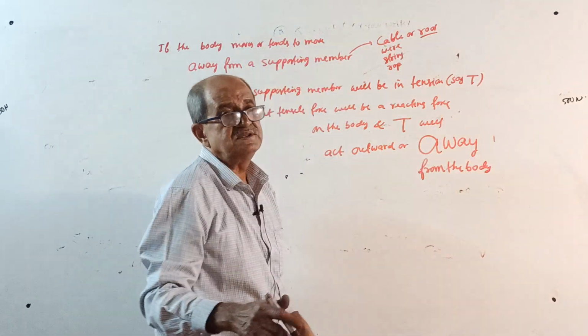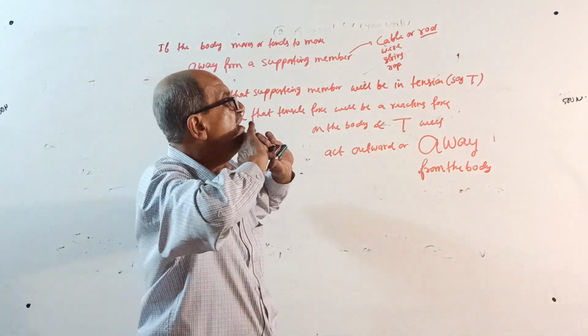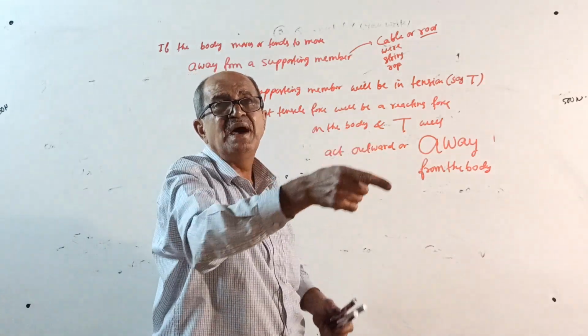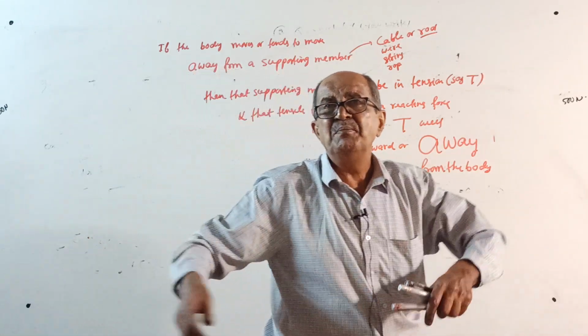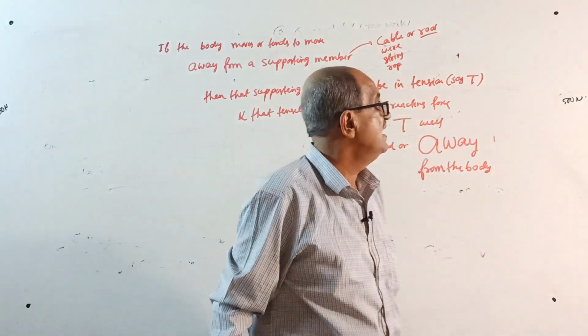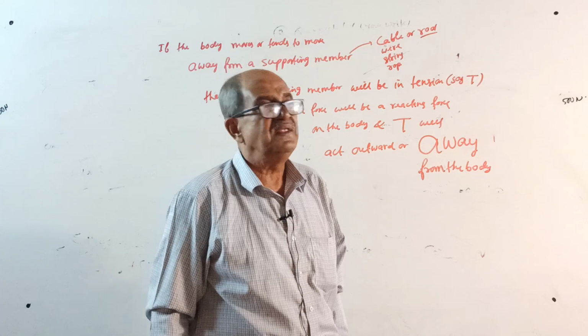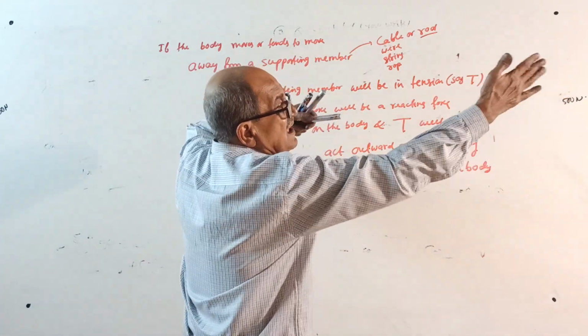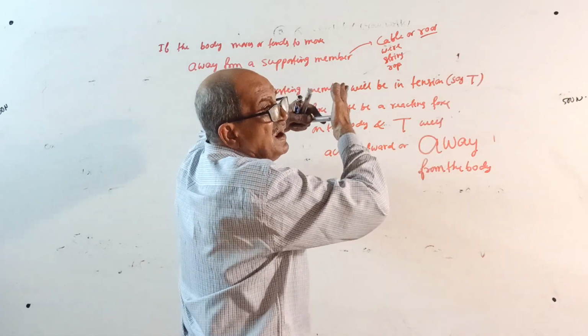Common sense: if you move away from a connecting member, tension; if you move towards a connecting member, compression.